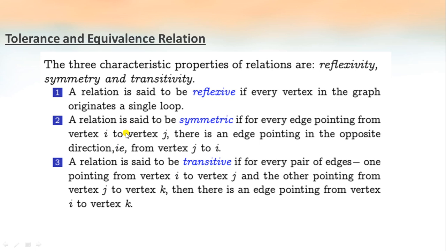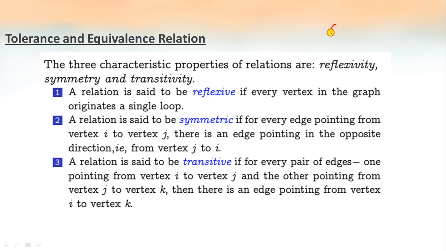Next is symmetry. A relation is said to be symmetric if for every edge pointing from vertex i to vertex j, there is an edge pointing in the opposite direction, that is from vertex j to vertex i.